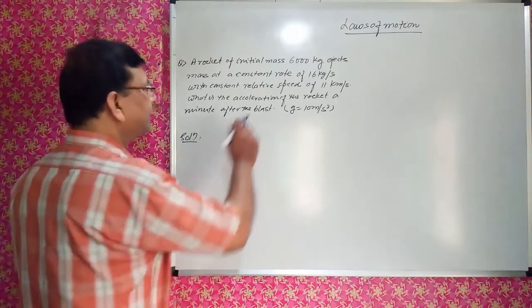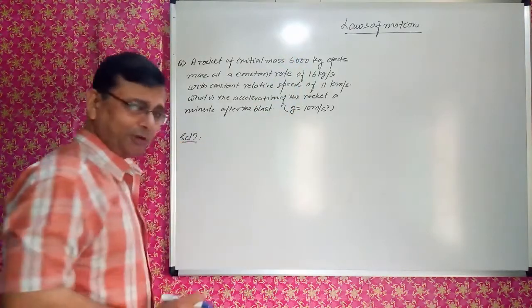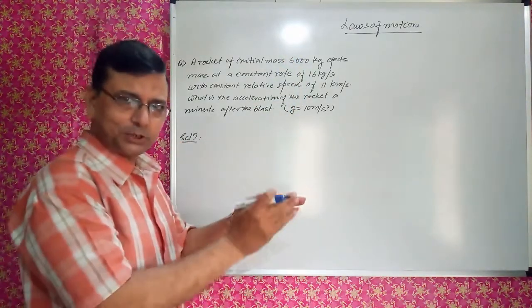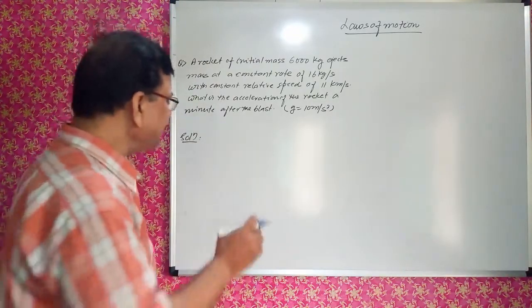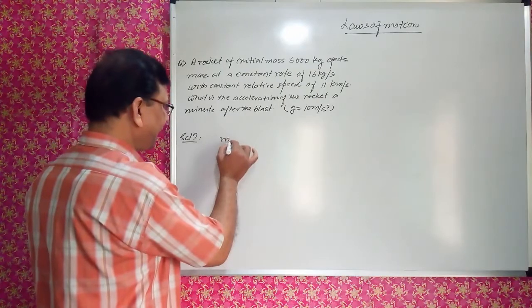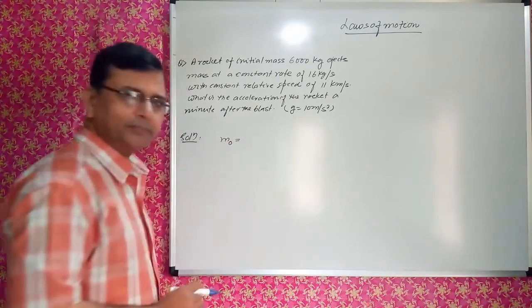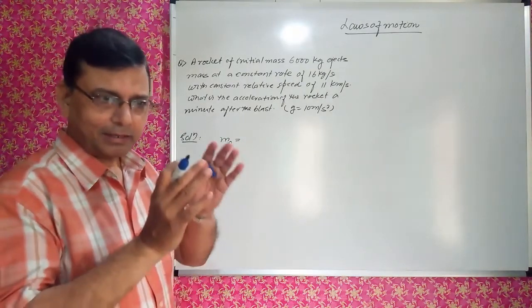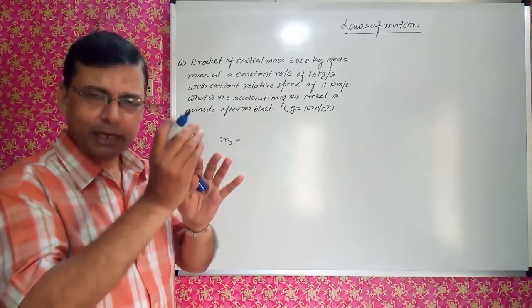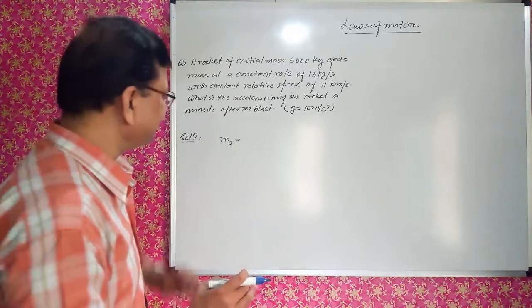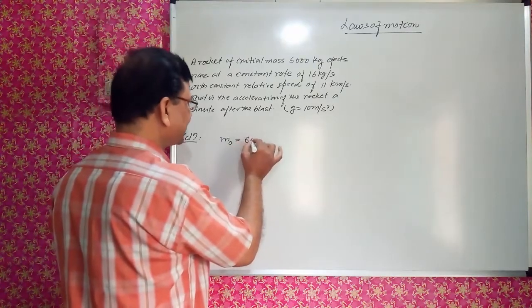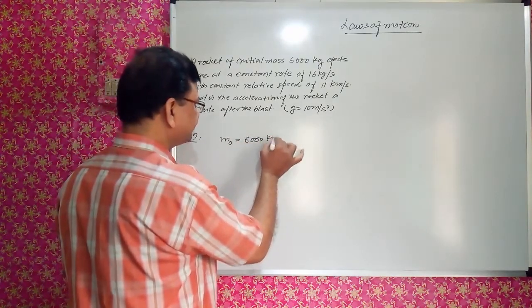What is given? Initial mass. If you remember, a few minutes earlier you have seen that the initial mass I have taken as m0, where at t equal to 0 there is no ejection of mass. At that time, what is the mass? That is m0, that is 6000 kg.